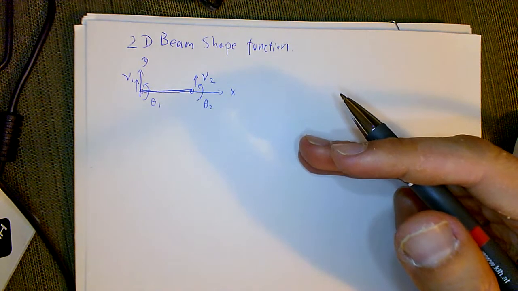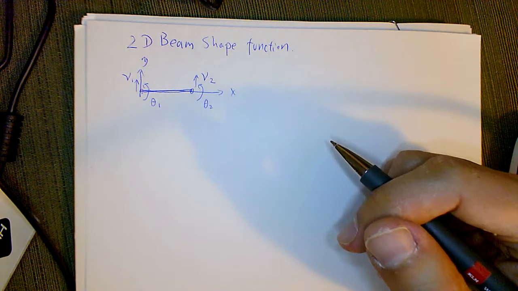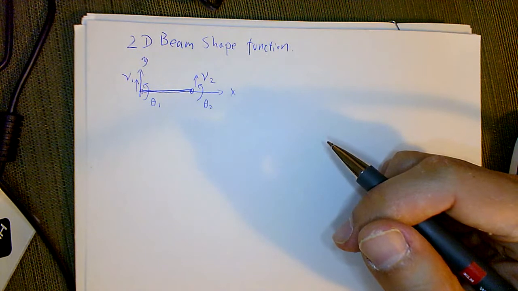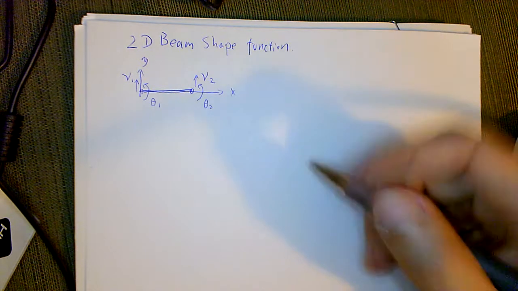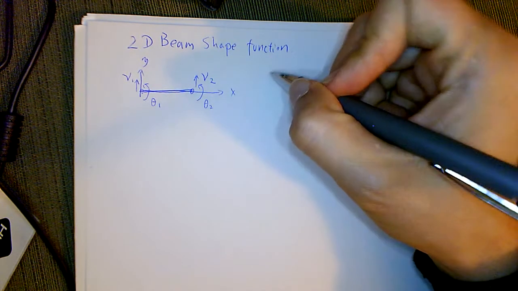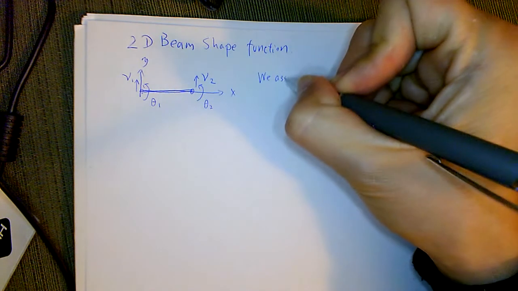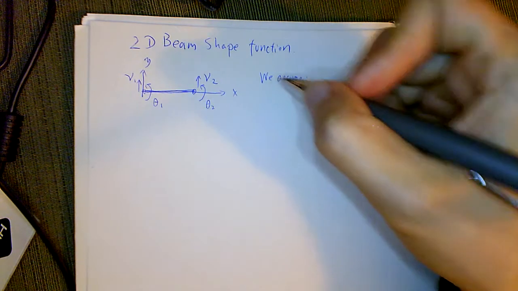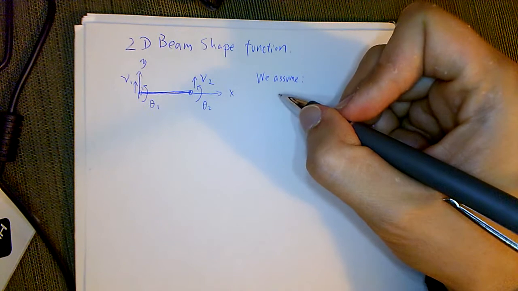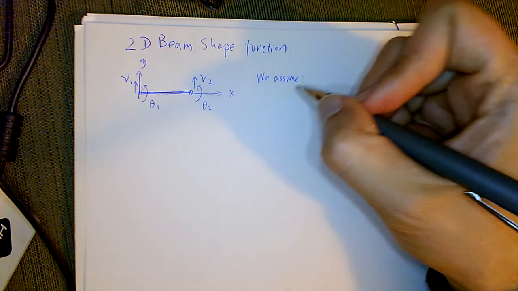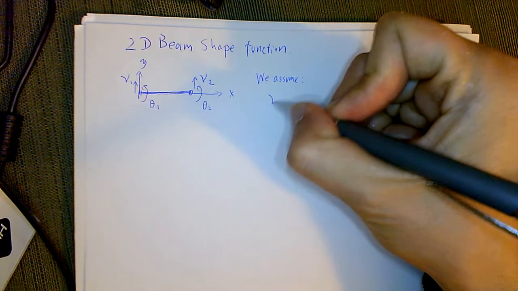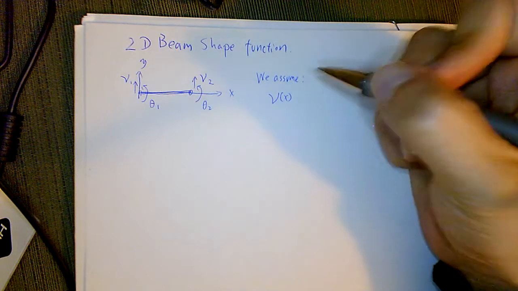Now we're gonna try to derive the EK using the principle of virtual work. First step is to get the shape function. So we will assume we have this V(x).